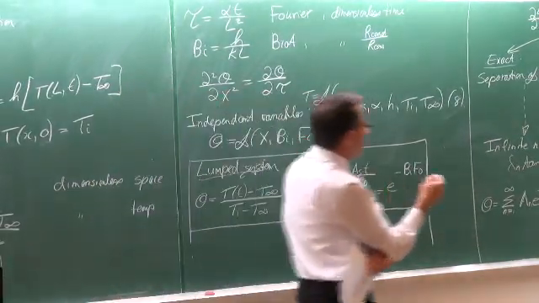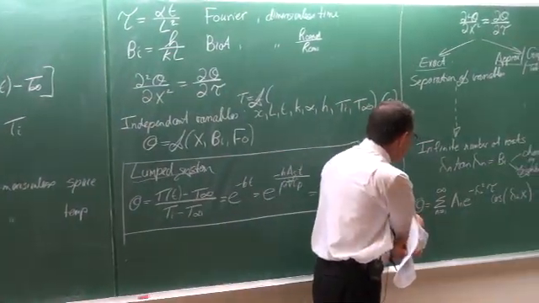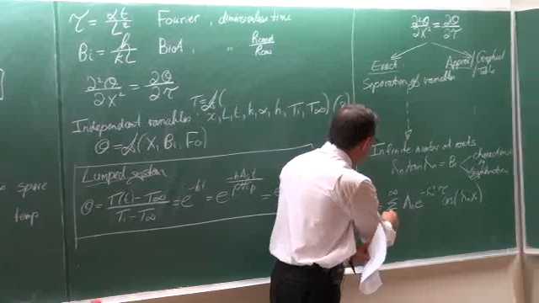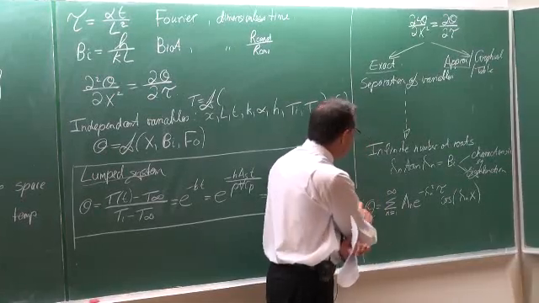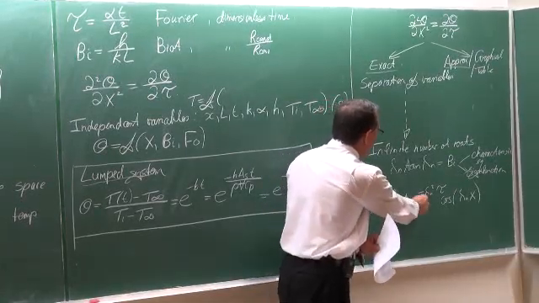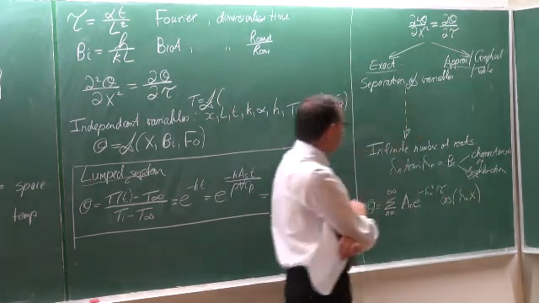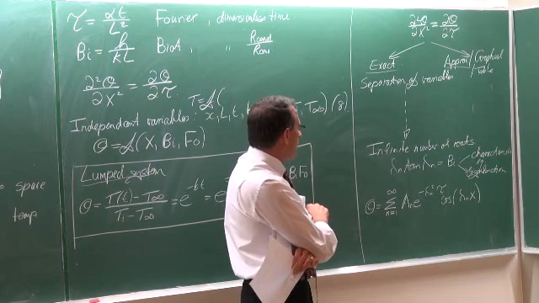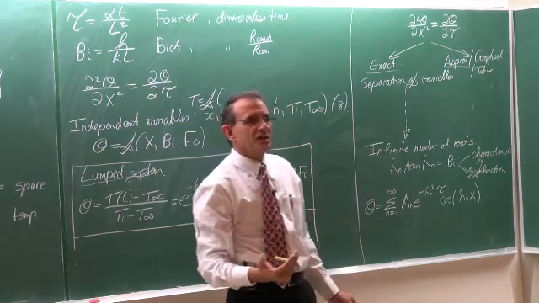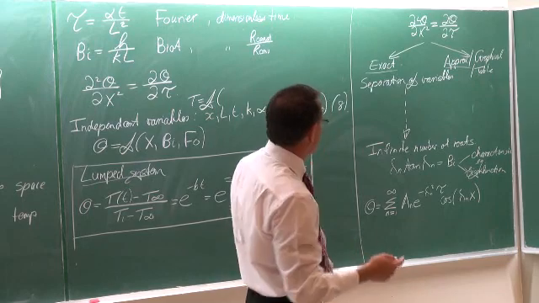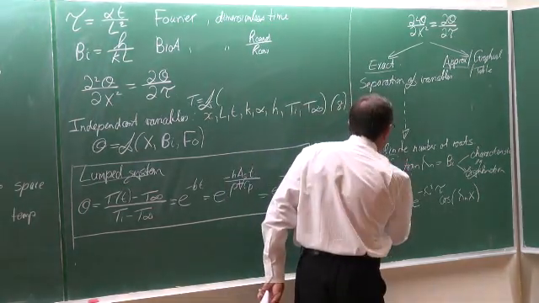Okay. Then the non-dimensionalized temperature is equal to the sum of n equal to 1 to infinity of A n e to the minus lambda n squared tau cos lambda n multiplied by x. And how do we solve this? What is this A n now?